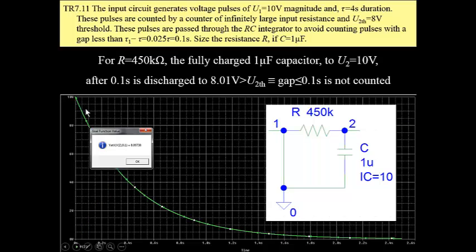This is our response. The capacitor is discharged through this resistance, with initial condition equal to 10, and after this time of 0.1 second, this value is greater than 8, which means that for this gap the next pulse will not be counted.